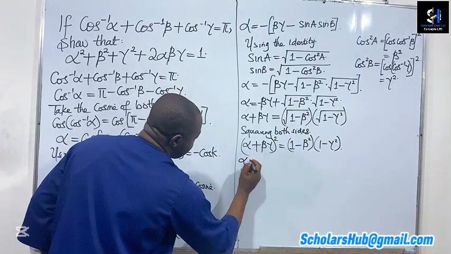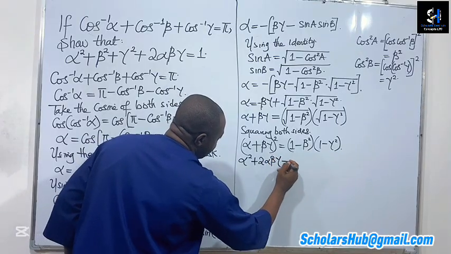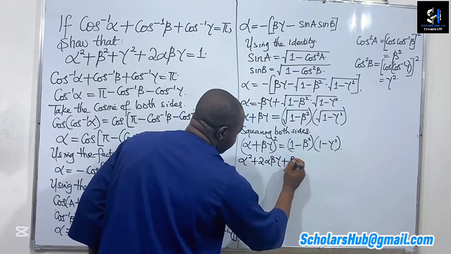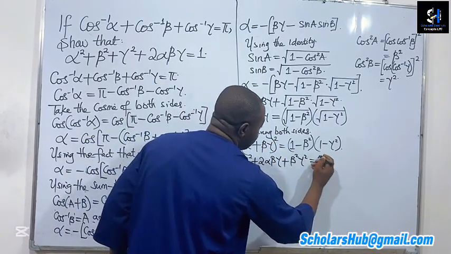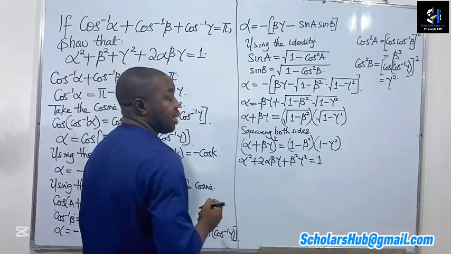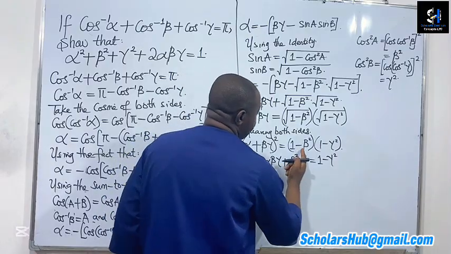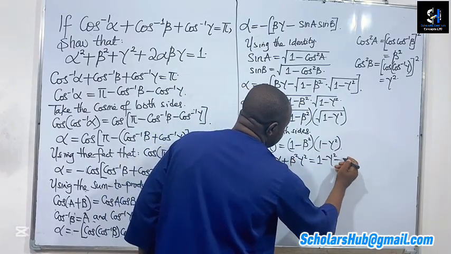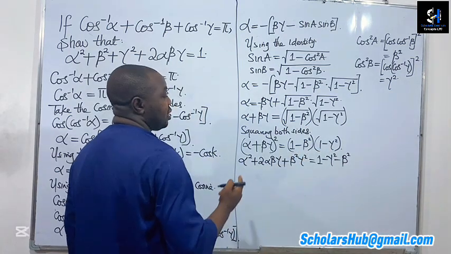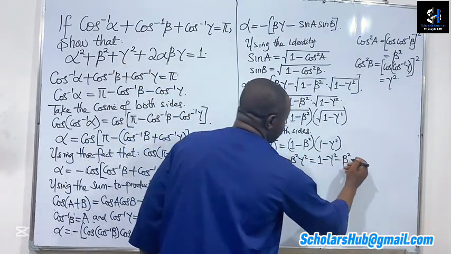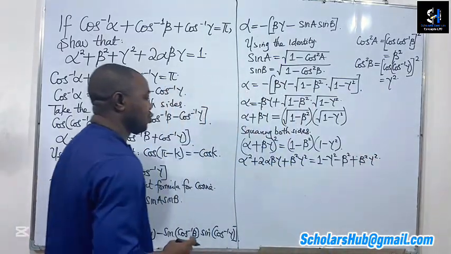If we expand the left hand side, this will be alpha squared plus 2 alpha beta gamma plus beta squared gamma squared. And this will be equal to 1 times 1, this is 1; 1 times minus gamma squared, this will be negative gamma squared; minus beta squared multiplied by 1, this will be minus beta squared; now minus beta squared multiplied by negative gamma squared, this will be plus beta squared gamma squared.